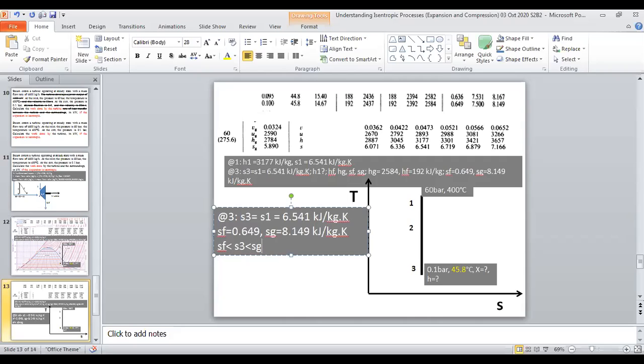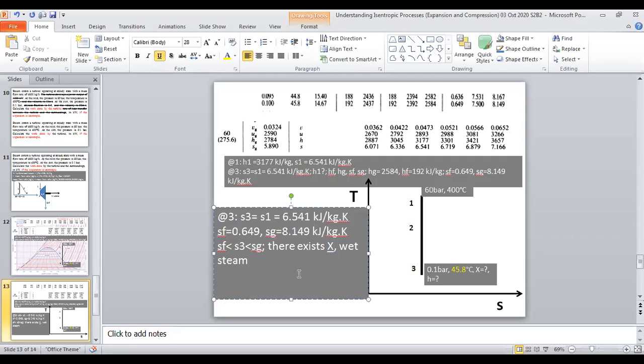So this tells that there exists an X, meaning this is wet steam. It is obvious. Then you calculate the X value.